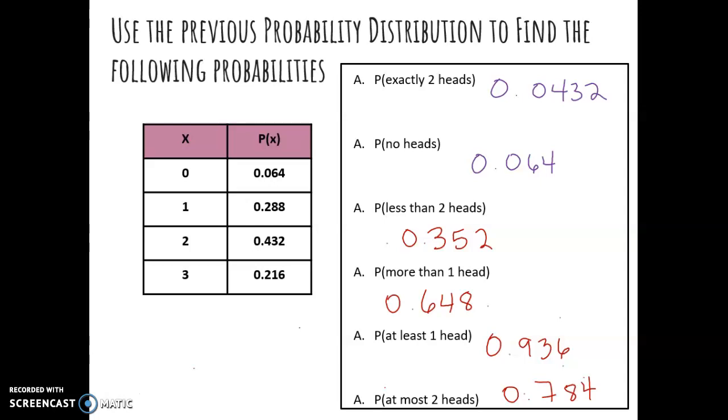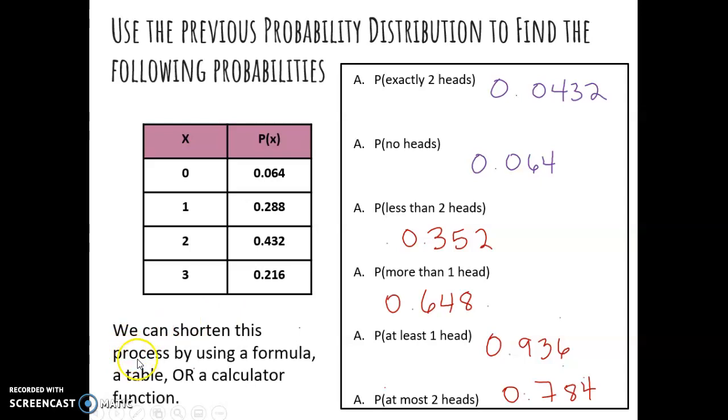The probability of 3 winning the hamburger: the first, the second, and the third person could win, or the second, the third, and the fourth person could win, or the third, the fourth, and the fifth person could win, or the first, the fifth, and the 10th could win. And there's so many scenarios, it would take us all day to figure out the probabilities by hand. So we can shorten the process by using a formula, a table, or a calculator.